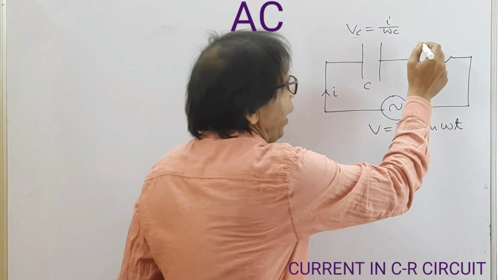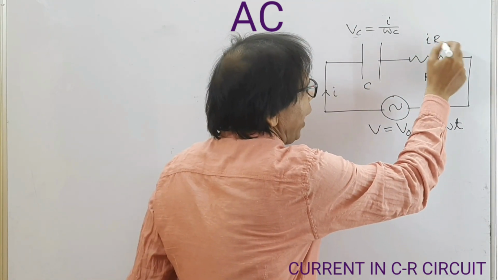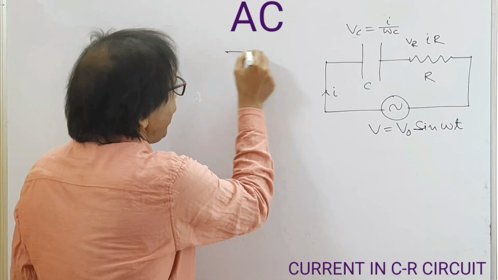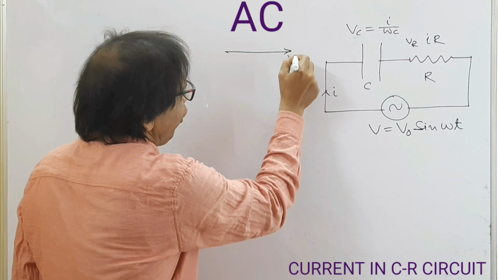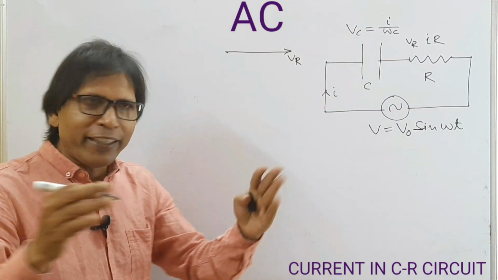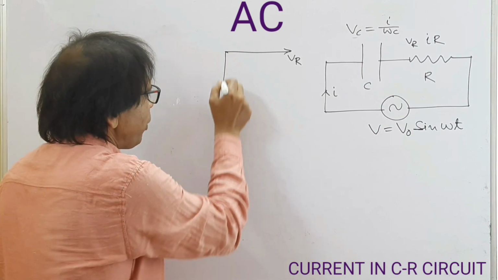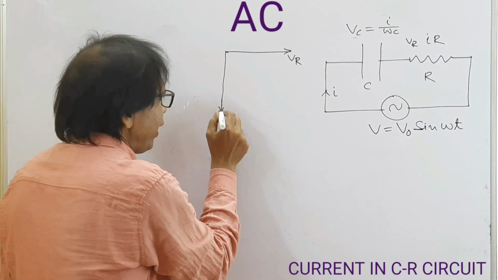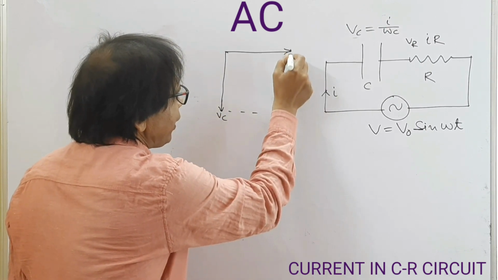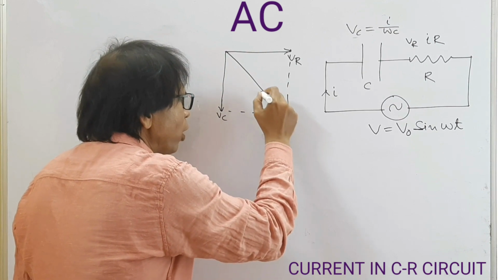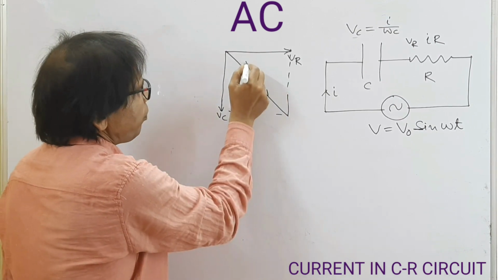And voltage drop across the resistor is IR, which is in phase with the current. VR is represented along the x-axis, so VC should be represented along the negative y-axis. This is VC. So look at this, the resultant voltage is represented along the diagonal of this. So this is V.